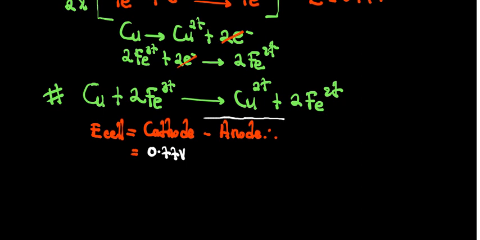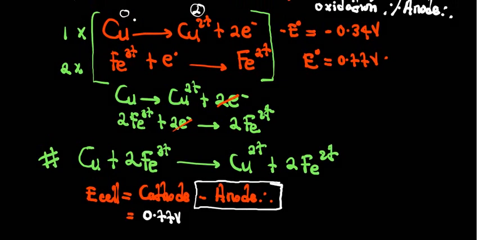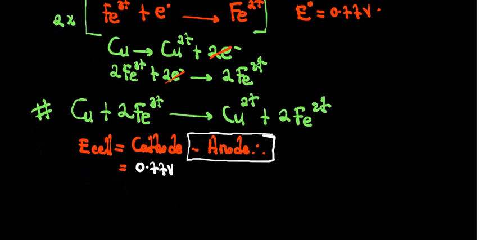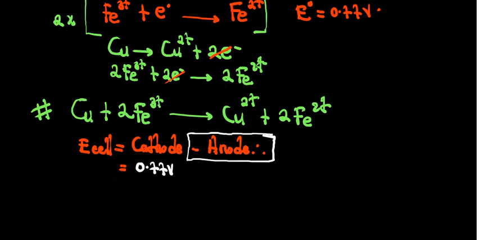Initially, before it was reversed, we had a positive number at the side of the anode. In fact, it wasn't even specified by then if it was the anode or the cathode. The value was a positive 0.34.